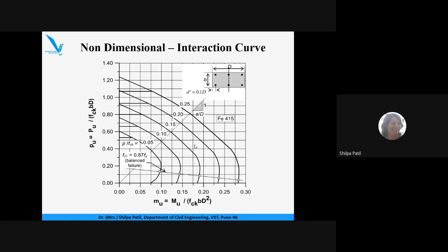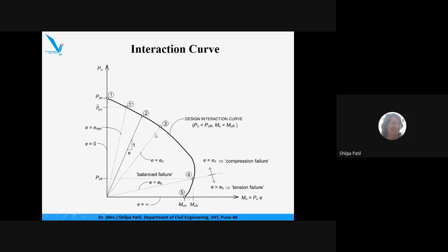Now, as I told, if I go back to this interaction curve, there is a specific value of P for a specific value of M. These values depend upon the specific dimension of the column and specific properties of the column. If the dimension of the column changes, obviously this curve will change.